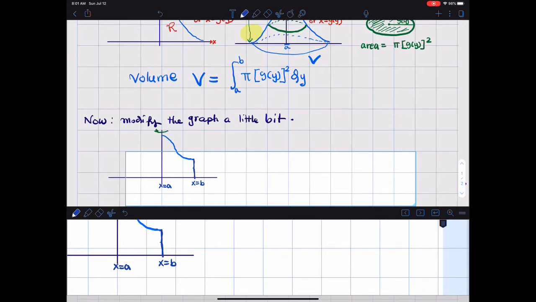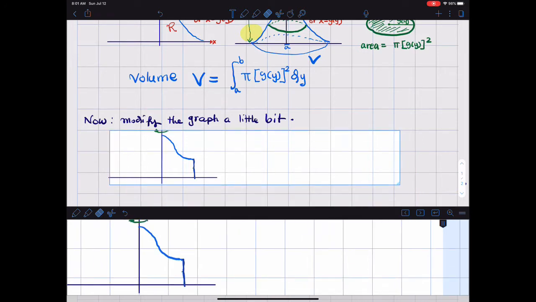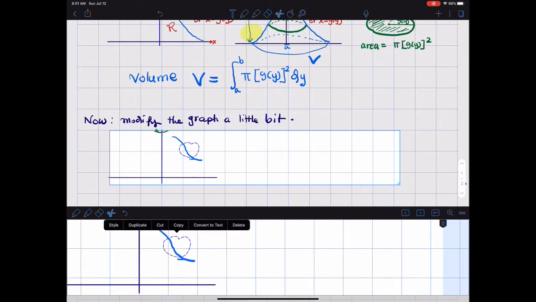Or you know what? Let's make it a little bit more general. So I moved it up. I'm going to do something else to it. I'm going to move it out a little bit. I changed my mind. Okay. So we still want to rotate about the y-axis. You see what I'm trying to do?